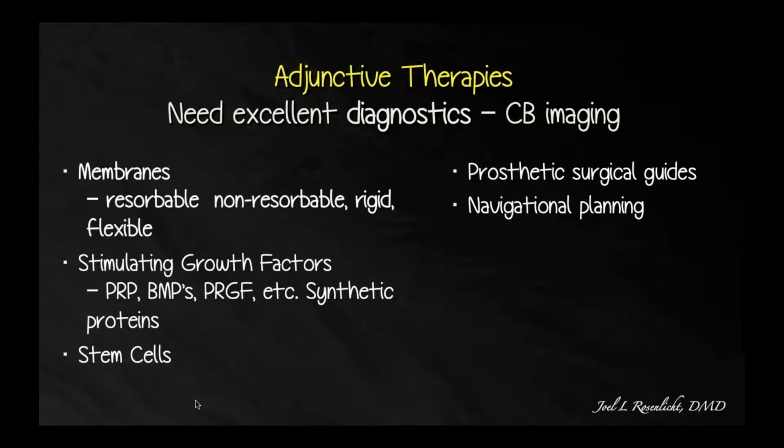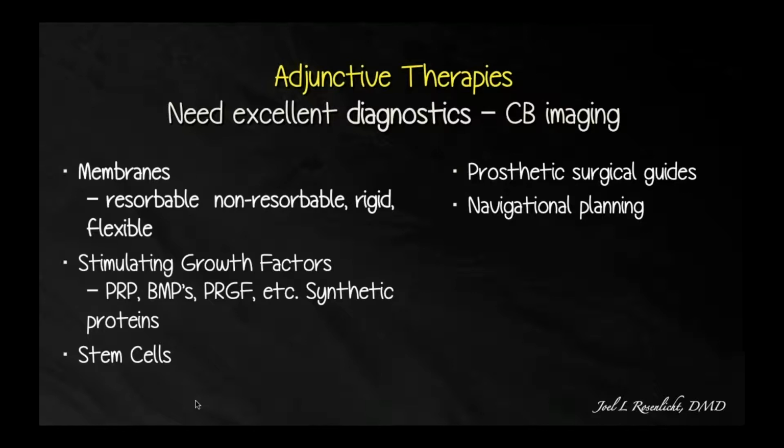Whether we'll use resorbable or non-resorbable membranes, whether those membranes will be rigid or flexible, whether we want to use some stimulating growth factors, as I talked about before, whether we want to use some stem cells, which we've been using a fair amount of lately.